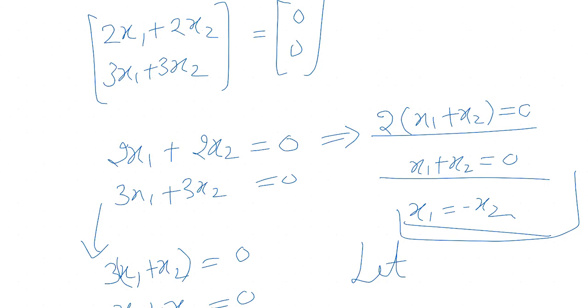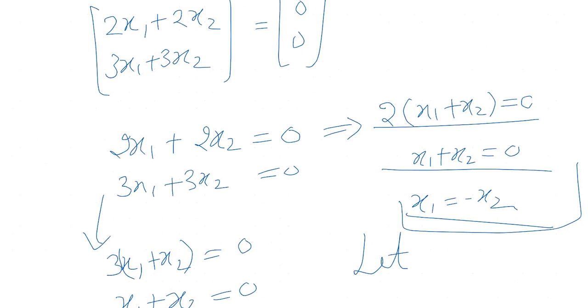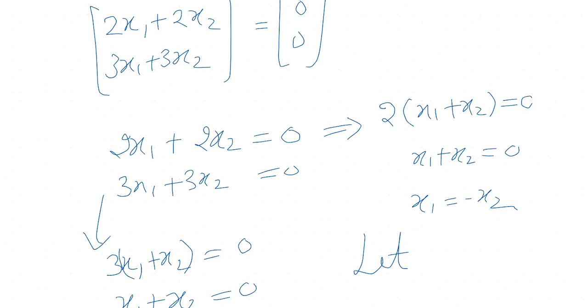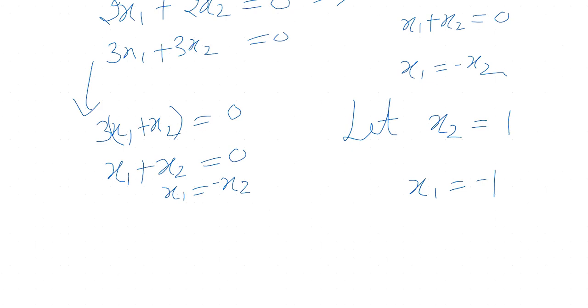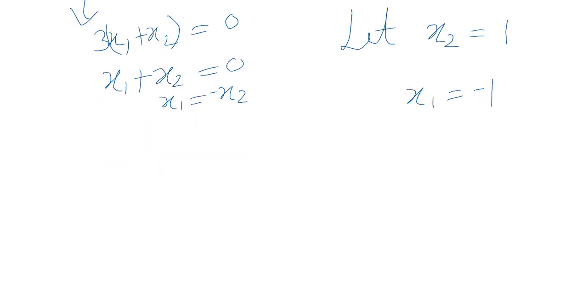So now, because we found x1 in terms of x2, let us consider x2. Let x2 be equal to 1, then x1 will be minus 1. Taking them as a column matrix, x is equal to x1, x2.